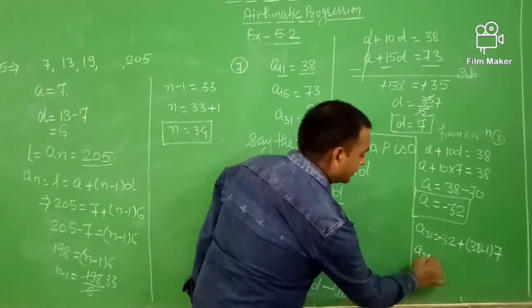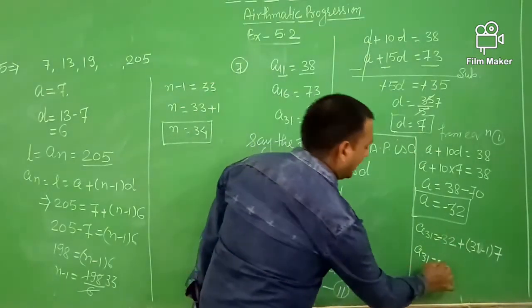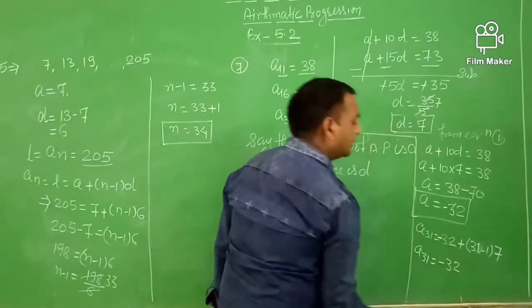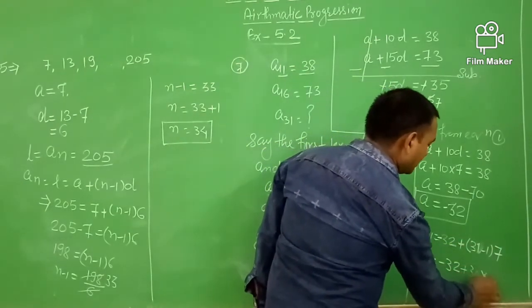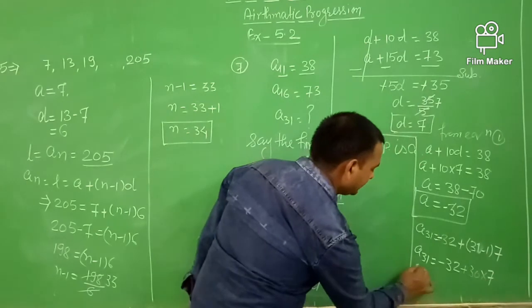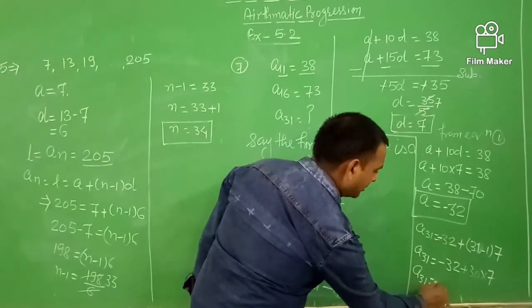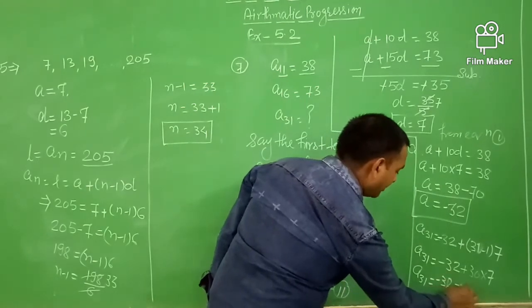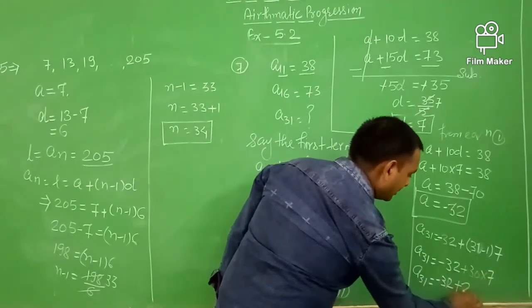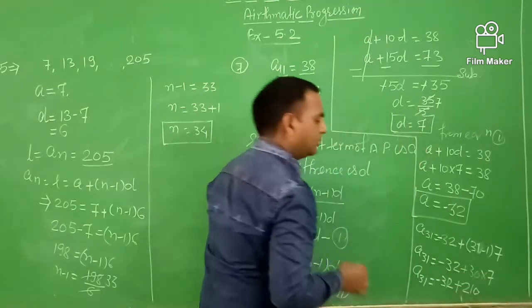So a31 is equal to minus 32 plus 7 3s are 21, 210.